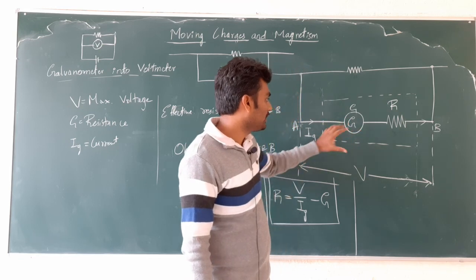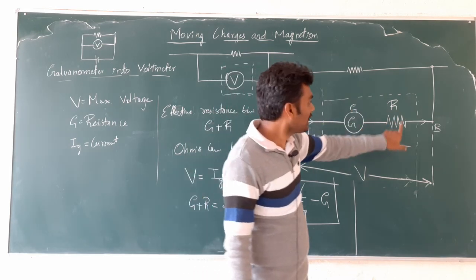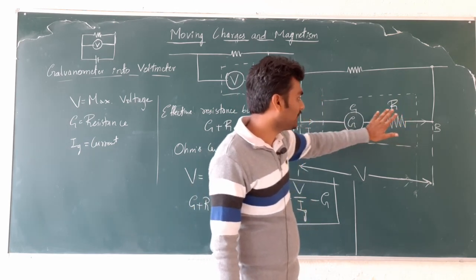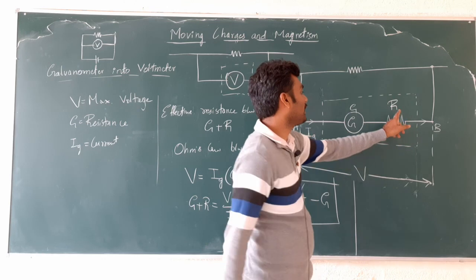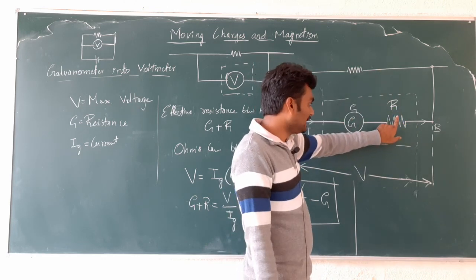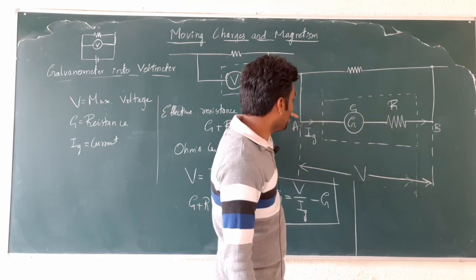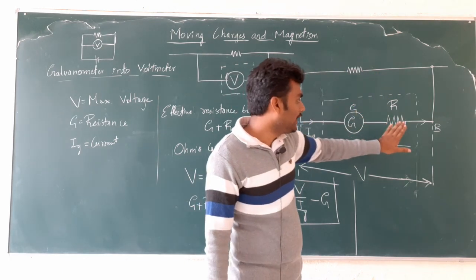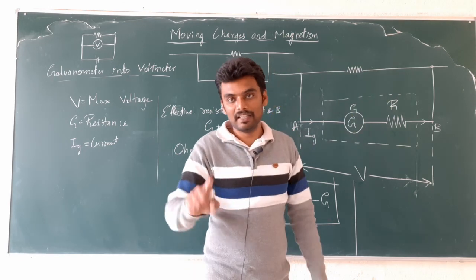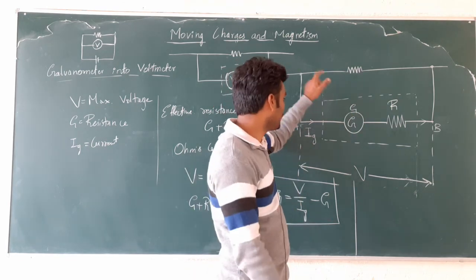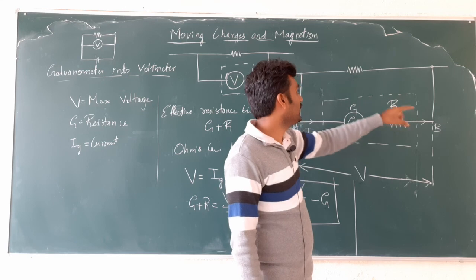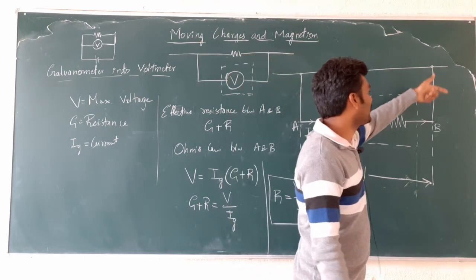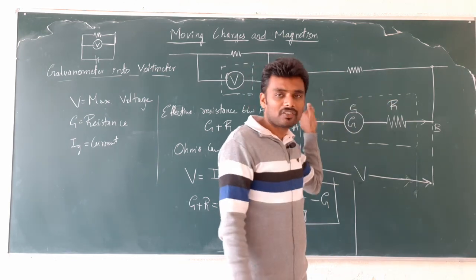How do I make that? G is fixed. I can increase R, the converting resistance that I am connecting. So if I increase R, less current will be entering this branch, isn't it? More current will be flowing through this. And if I make R equal to infinity, for the ideal situation, most or all of the current will flow through this part itself, and very little or zero current will flow through the galvanometer.